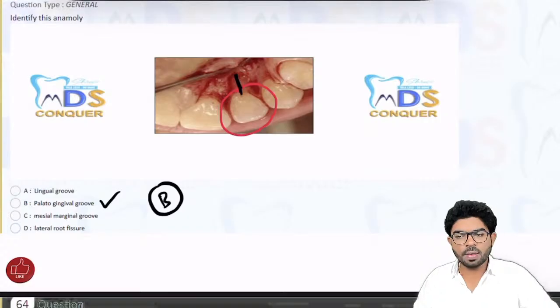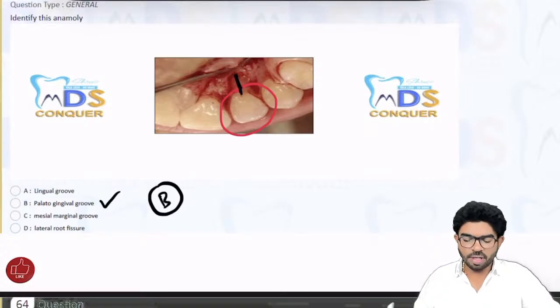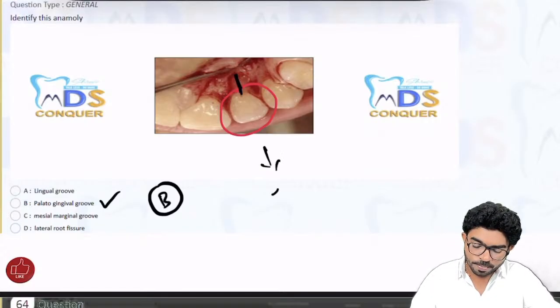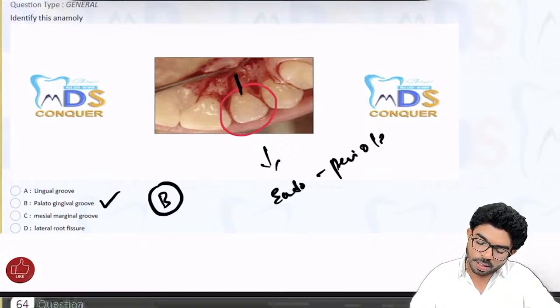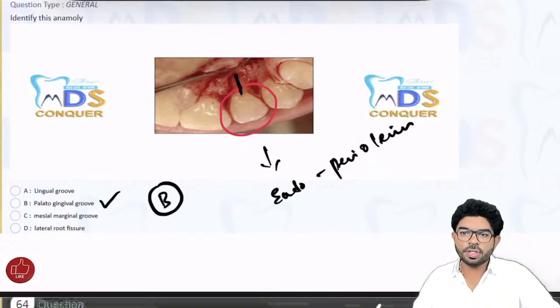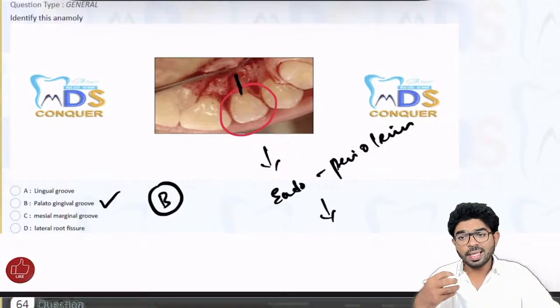So this is a palato-gingival groove, and this palato-gingival groove is one of the contributing factors for the occurrence of an endoperio lesion. Mostly, in the majority of situations, it initially acts as a gateway for the bacteria to transfer.